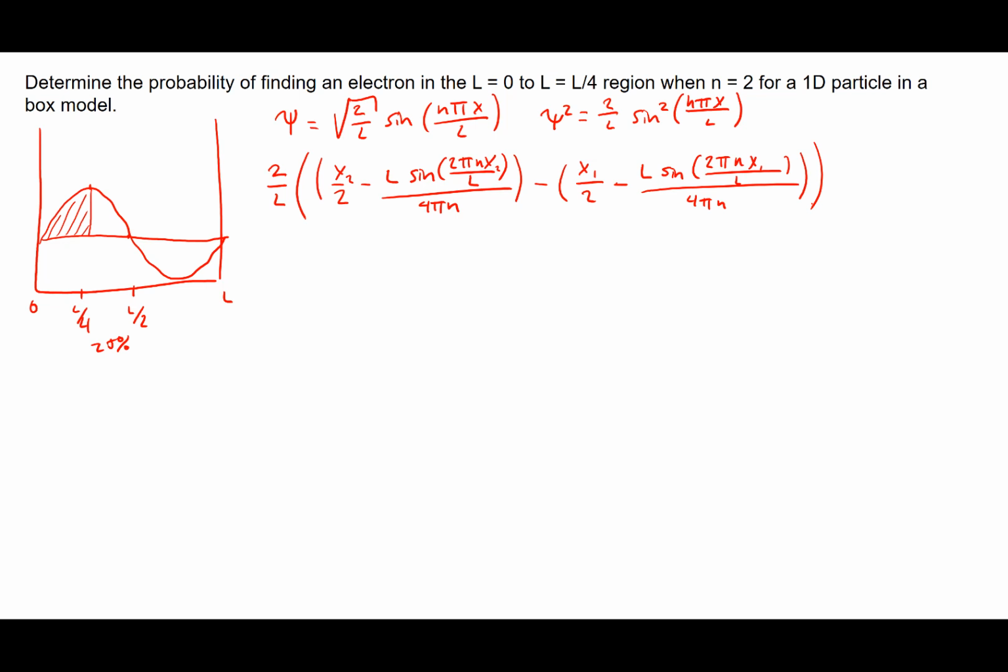And so all we have to do now is plug in the values for the different x positions where we're integrating from start to end.